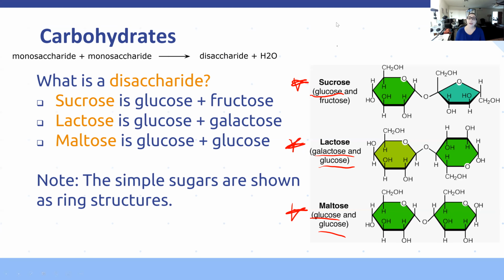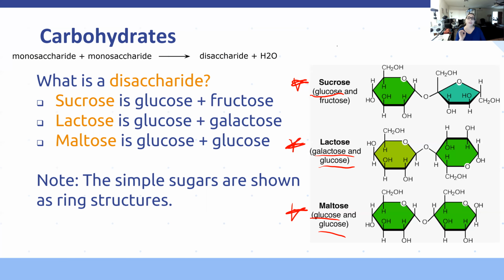So far, I have told you about three monosaccharides or simple sugars. We have glucose, fructose, and galactose. Now we have reviewed three disaccharides, di meaning two. So you put two monosaccharides together. We have sucrose, which is table sugar, and that is a glucose plus a fructose.